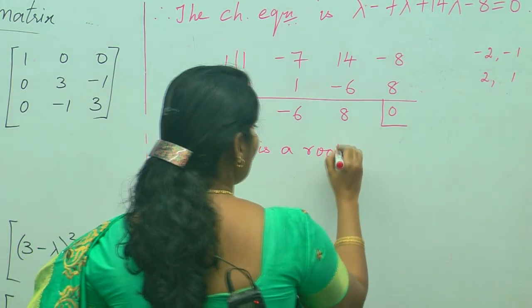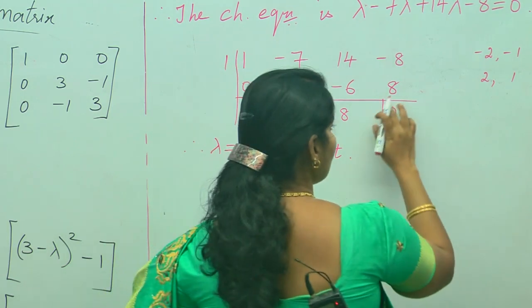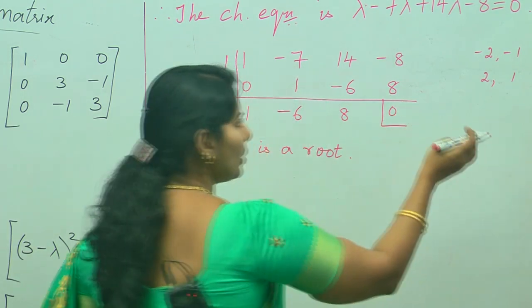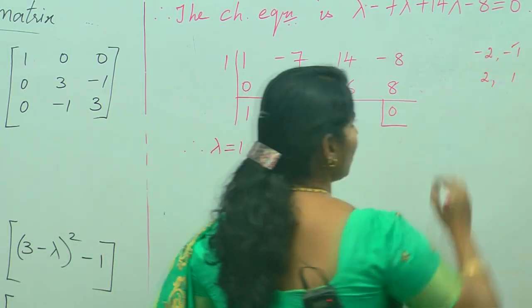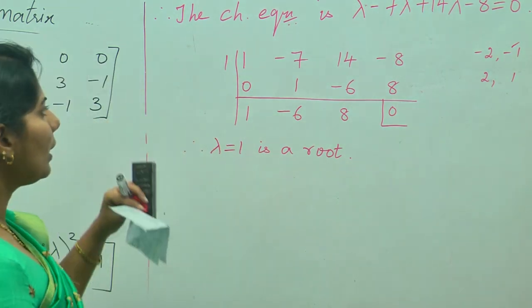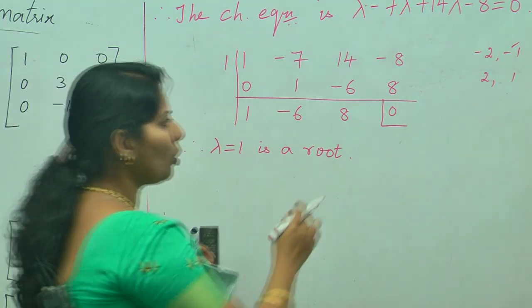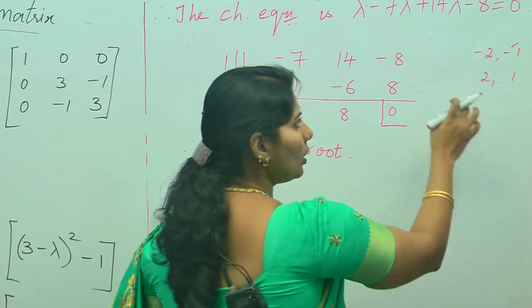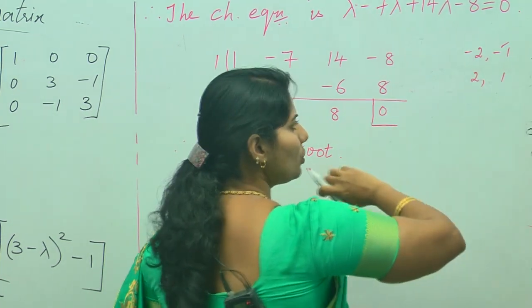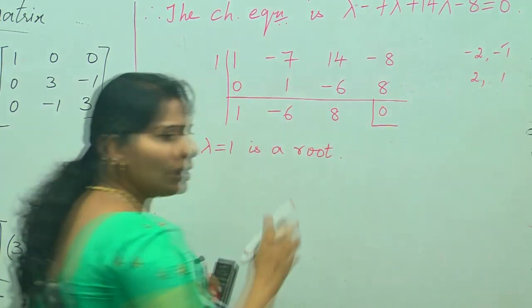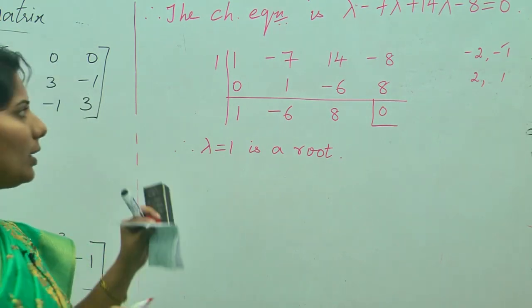If suppose you are not getting the remainder as 0, then go for the next one. Next root you can go for minus 1. Even in minus 1, if you are not getting the remainder as 0, then go for the next root minus 2 and then 2. Within 3 itself you will be getting the roots.